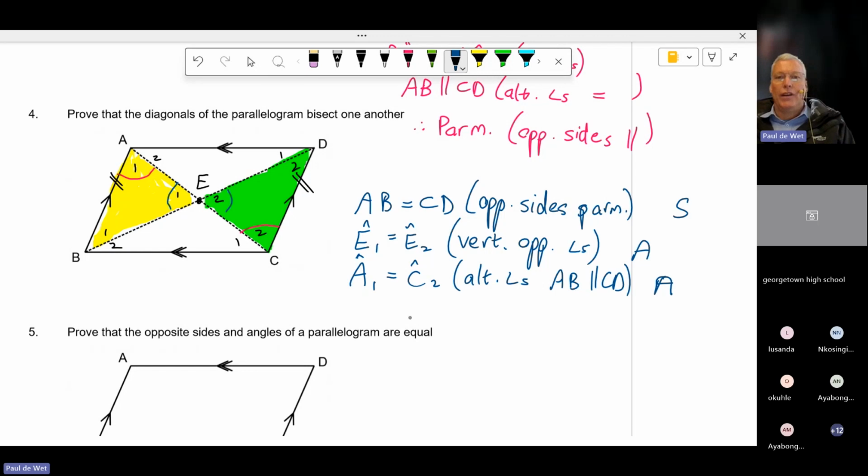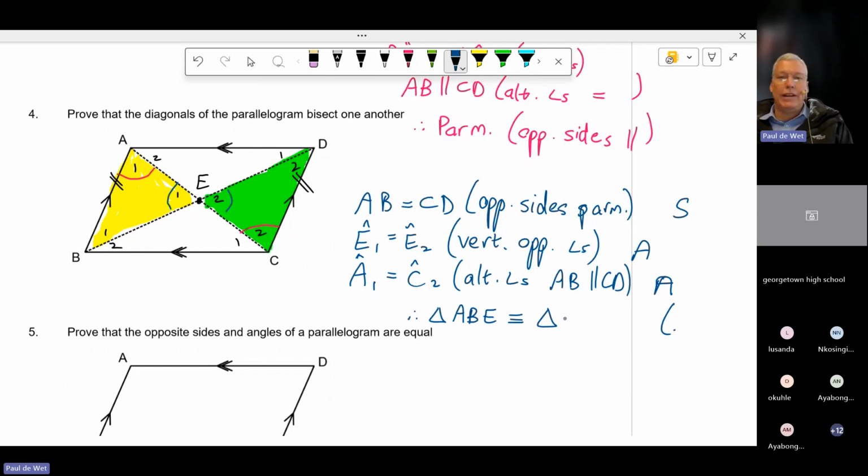Angle, side, yes. So while you've got the microphone, if I write down triangle ABE, triangle ABE, congruent, what order must I write this next one down in? Well done.